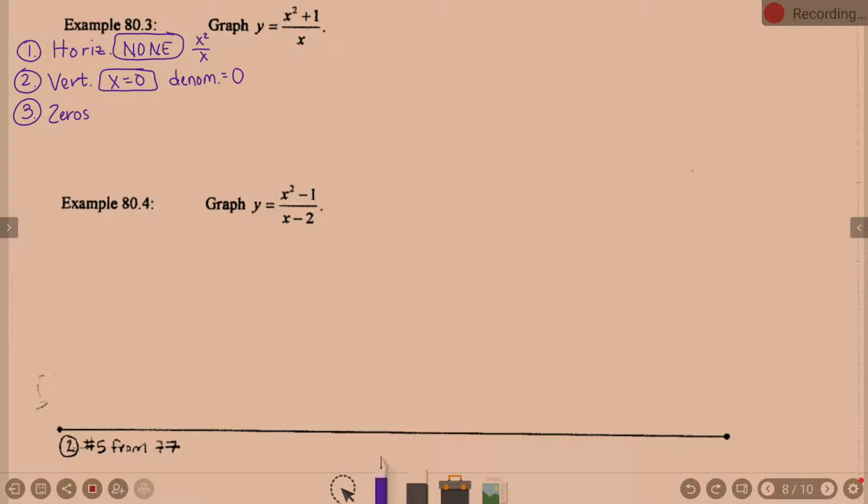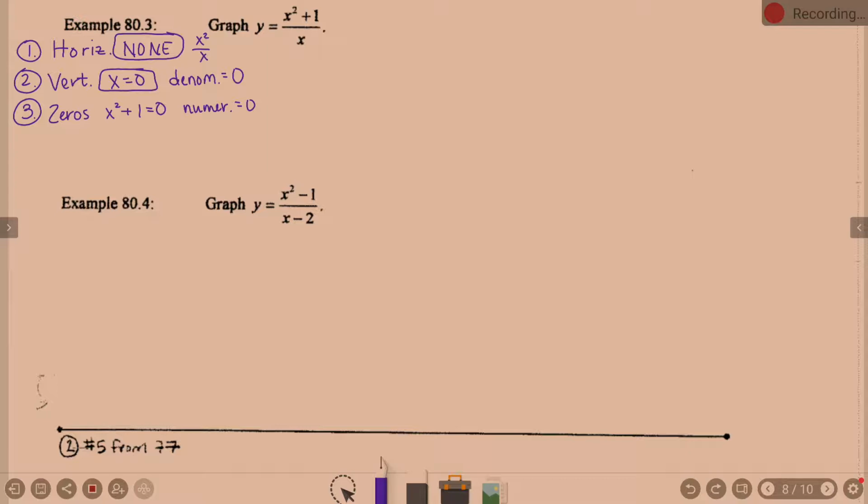Step 3, zeros. How do we do zeros? So top equal to 0. But does it factor? Okay. Because it's x squared plus 1, that does not factor. We can still set it equal to 0 because this will kind of tell you what's going on.